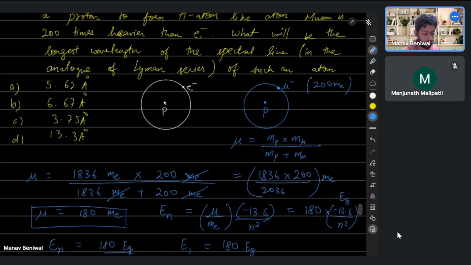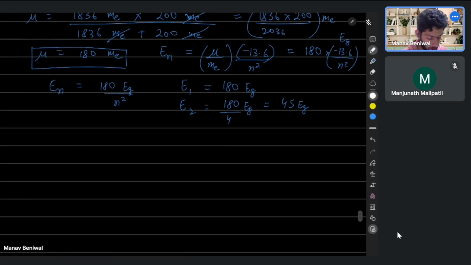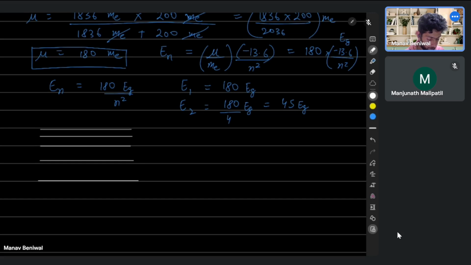Now we are expected to calculate the longest wavelength of the spectral line in the analog of the Lyman series. The Lyman series is, let's say you have all the levels like this, and the Lyman series forms when you have transitions down to the first level.